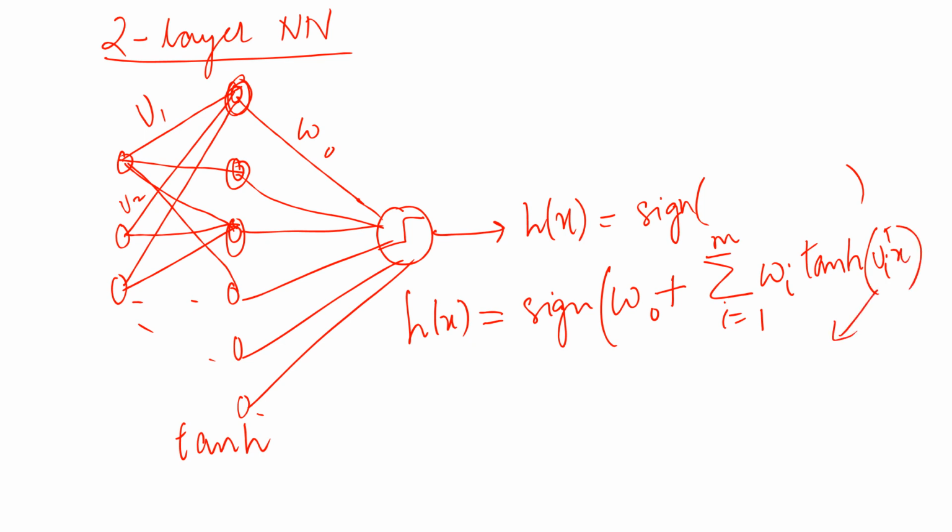Consider this Vi transpose X as having that augmented term as well. Just remember that we used to have that augmented V0 or something. I don't want to confuse, so consider that this has that augmented already.